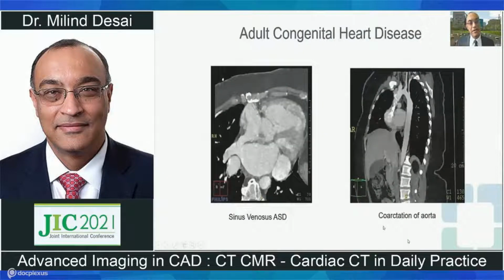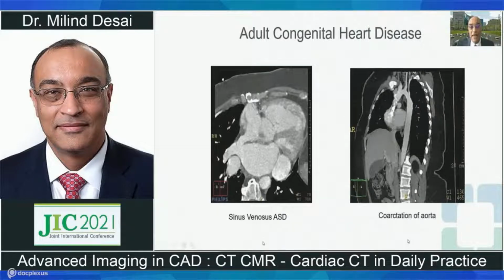Adult congenital heart disease, again, sky's the limit. Typically, we do echocardiography and cardiac MRI, but often these patients have a lot of devices and CT is necessary. This is certainly not a one-size-fits-all, and a tailored protocol needs to be devised in conjunction with a specialist in congenital heart disease.